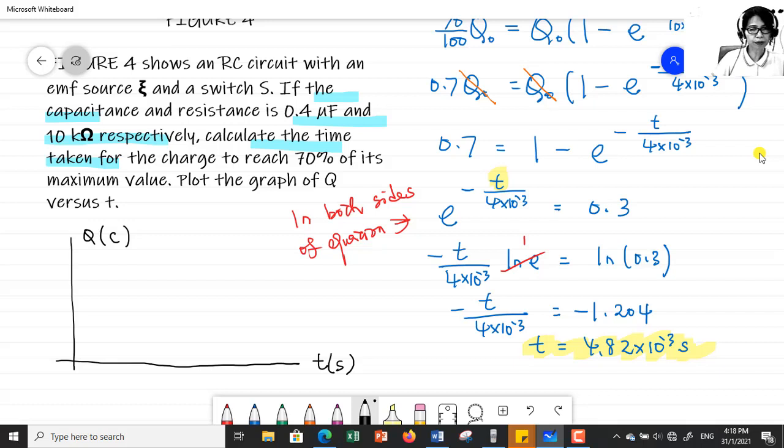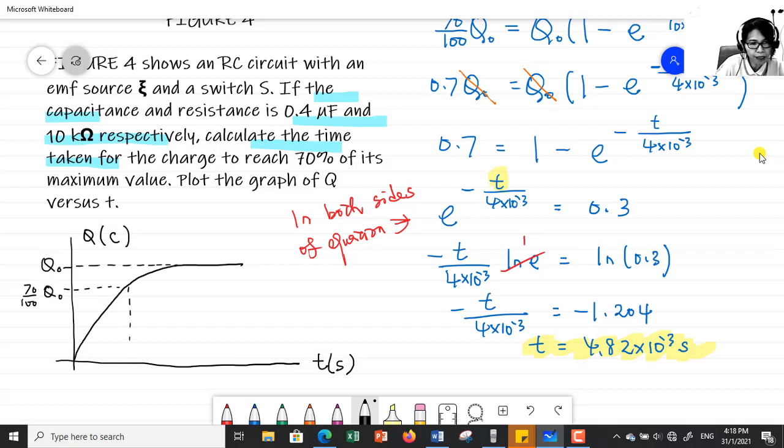During the charging process, our charge will increase exponentially with time until it reaches a maximum value, Q naught. In order to reach 70% of Q naught, the time, as we already calculated, is 4.82 times 10 to the power of negative 3 seconds. So this will be the sketch of the graph of Q against time. Then we are done with question 6.